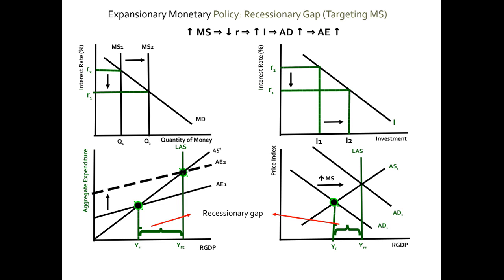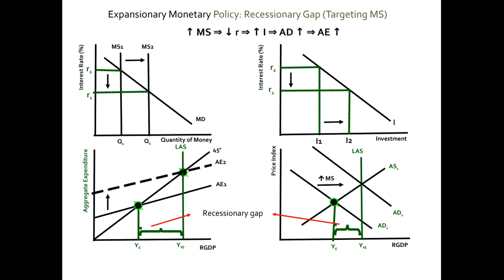So if the central bank is selling bonds, it means now people have less money. The commercial banks' funds or deposits will decrease because people are buying bonds from the central bank.